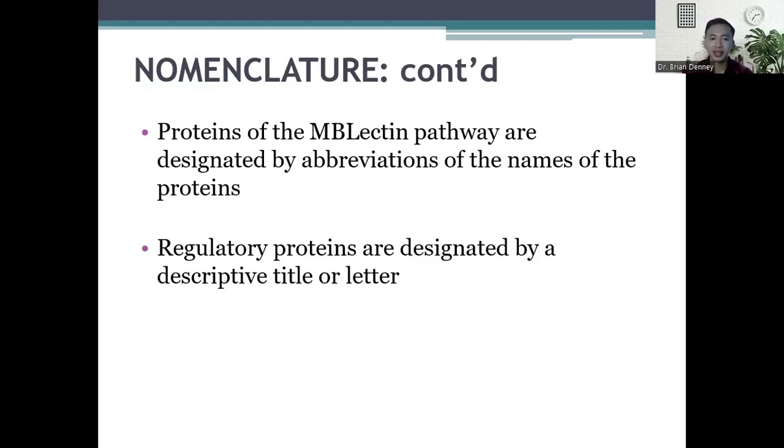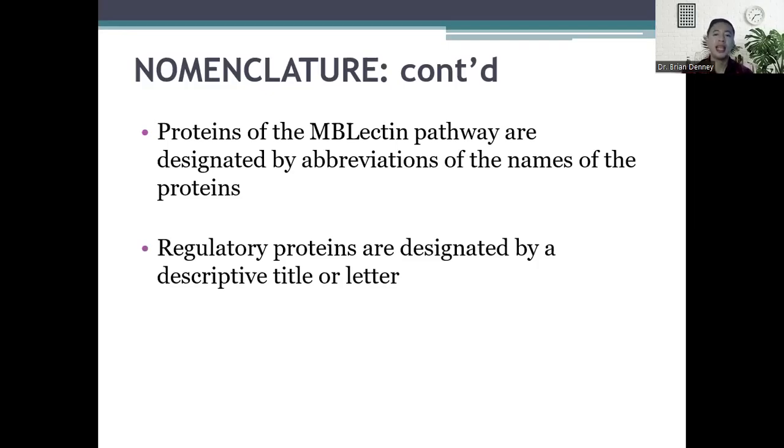Whereas regulatory proteins, again, what is the other term of these regulatory proteins? 5 seconds to answer. They are also termed as, correct, cell-bound complement proteins. Cell-bound or cell surface complement proteins because they are attached to the surface of your immune cells.